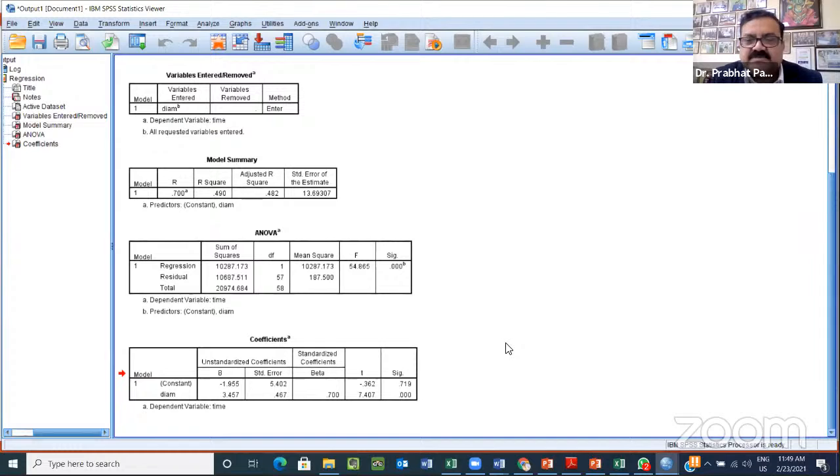Z transformation is based on the property that the mean is equal to 0 and the standard deviation is always going to be 1. The standard deviation of your original data may be very high or low, but in the Z transformed data it will always be equal to 1.